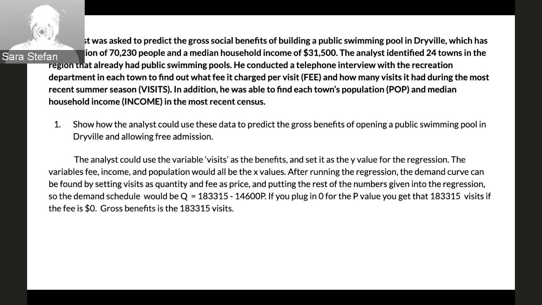After running the regression, the demand curve can be found by setting visits as quantity and fee as price, and then putting the rest of the numbers into the coefficients given by the regression and just adding those up.